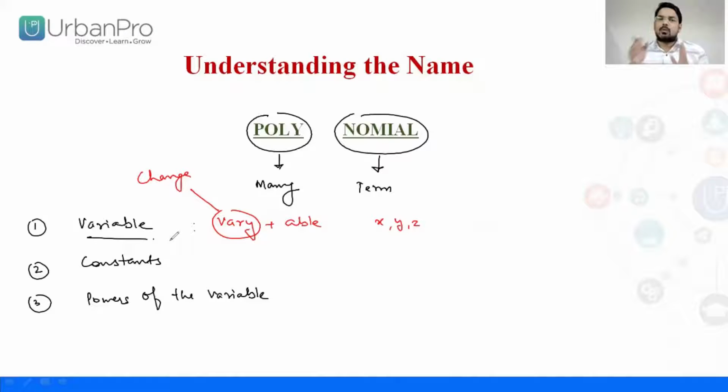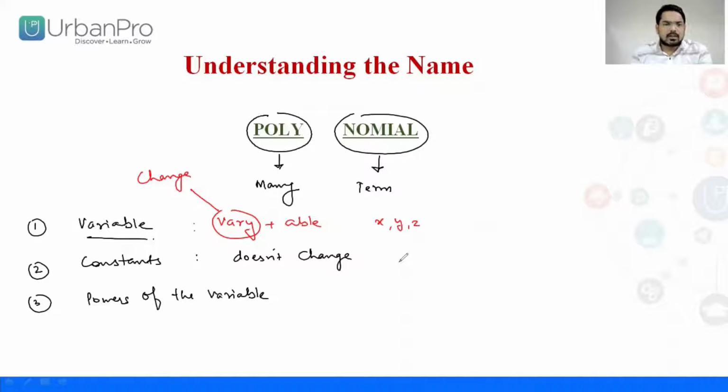There can be one variable in a polynomial, there can be two variables and many others. The next thing is constants. A constant is something which doesn't change, like the numeric digits we use, 1, 2, 3, or the coefficients of the variables in the terms.